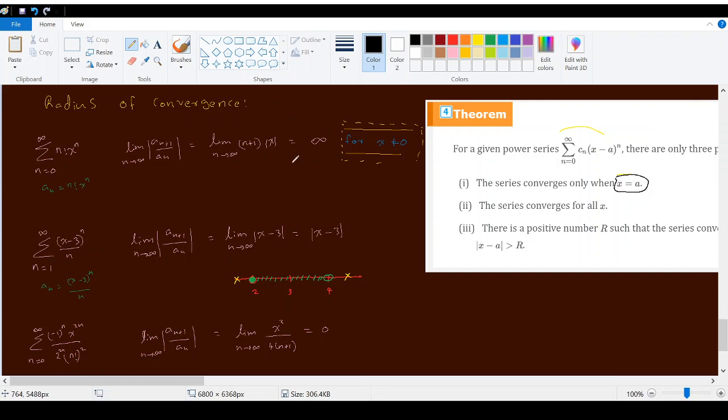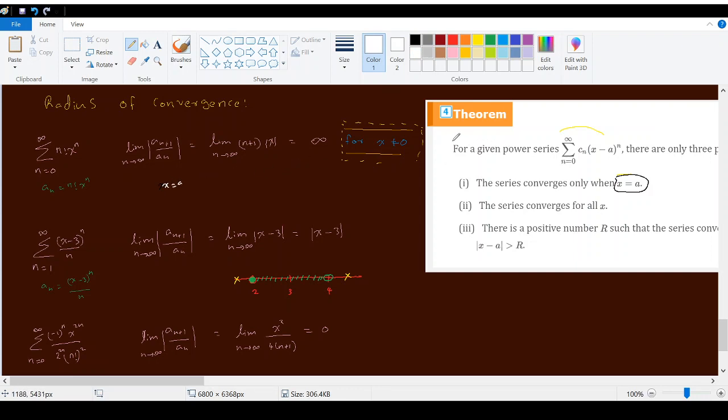So from the ratio test we have for all x values except x equals 0, this is greater than 1, so the series diverges for all the x values which are not equal to 0, and at 0 the series converges.